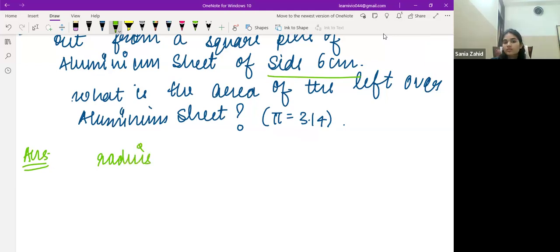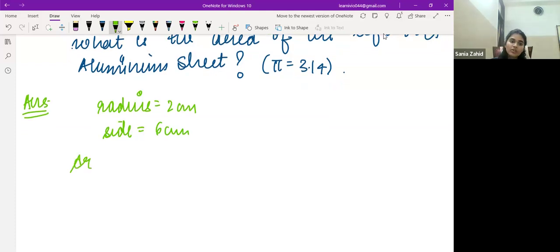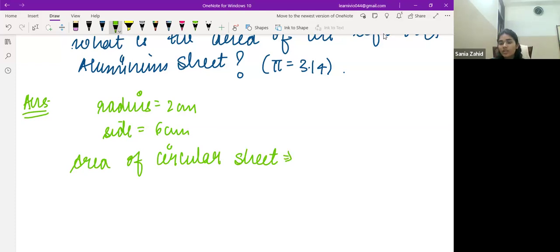Then we find the area of the circular sheet. What is the area of a circular sheet? Pi r square. Razan, you are continuously saying the formula wrong. 2 pi r square is not even a formula. Pi r square. Remember this formula.